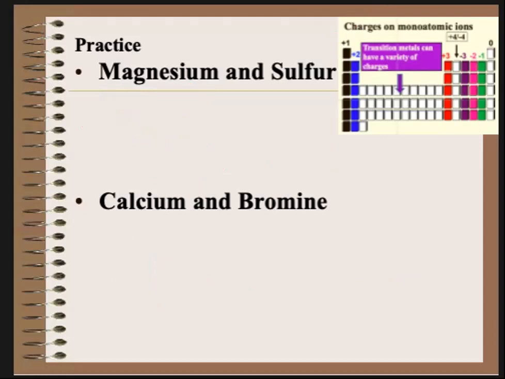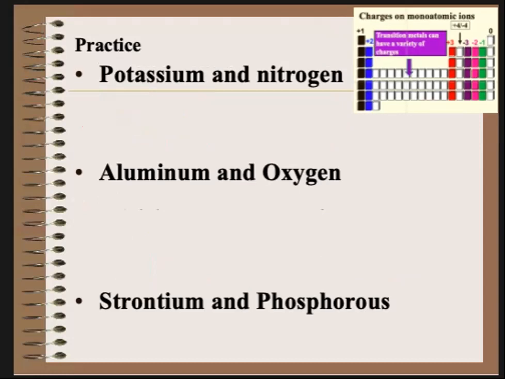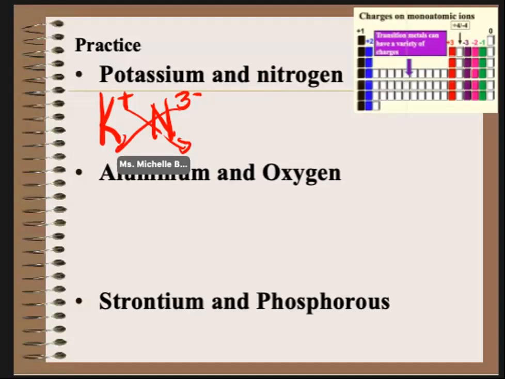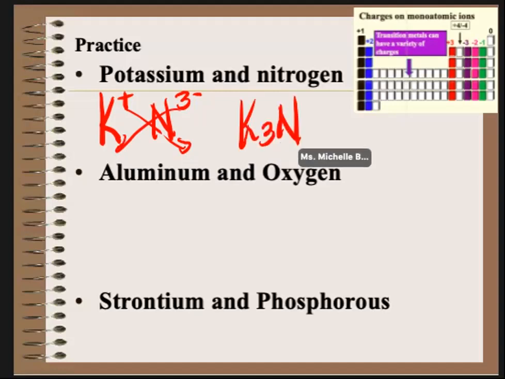Next, another last three examples. I hope you're seeing that on the screen. Okay, now we have K positive 1, nitrogen 3 negative. Therefore, we have K3N.